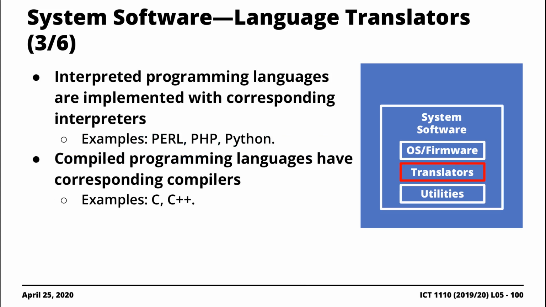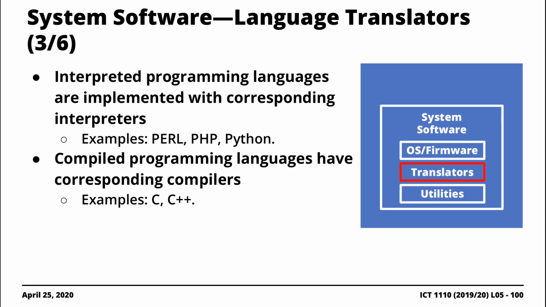In terms of examples, there's a ton out there, but classic and common examples that you typically find in literature for interpreted programming languages are things like PHP, JavaScript, Perl, and Python. Classic examples of compiled languages would be C and C++. Not quite sure if C# is also a compiled programming language. It should be.